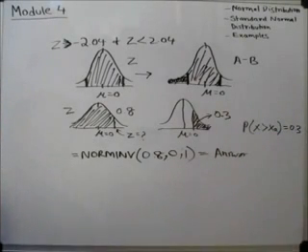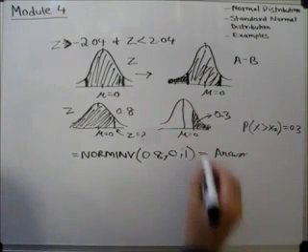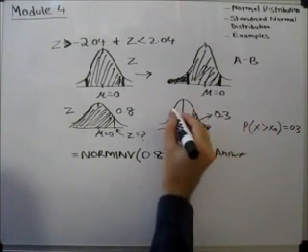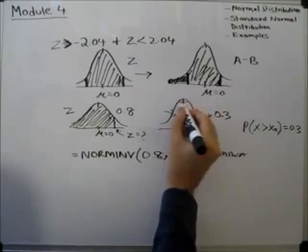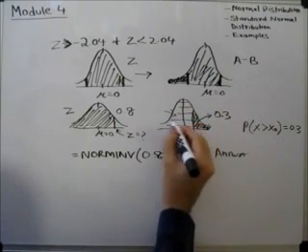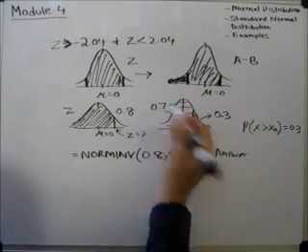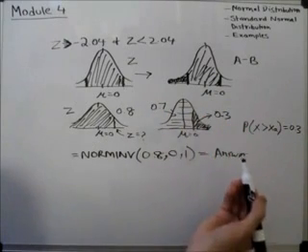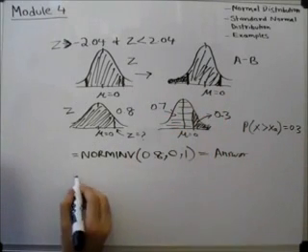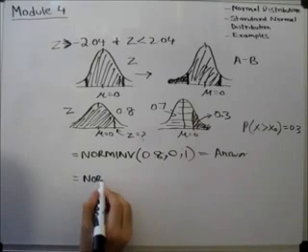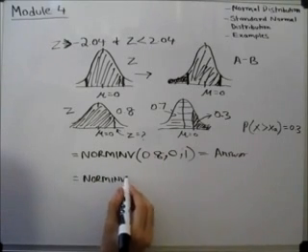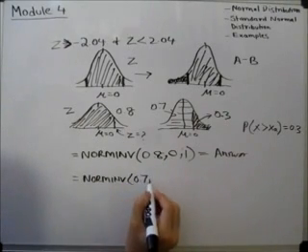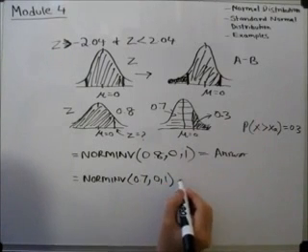How do we find this? Well, we know this area is 0.3, then this area has to be 0.7 because it's 1 minus 0.3. And again, I can use NORM.INV with 0.7 to get my answer.